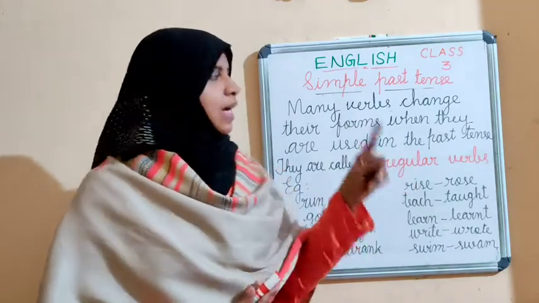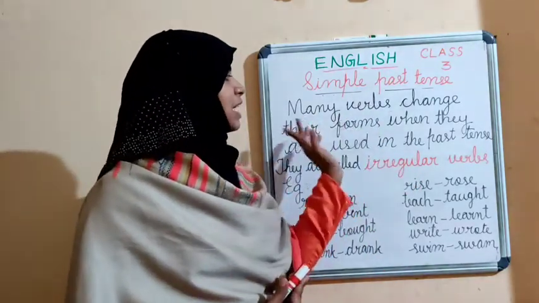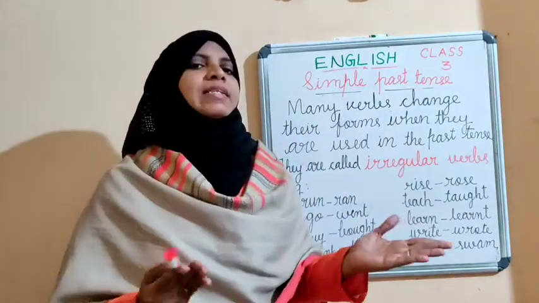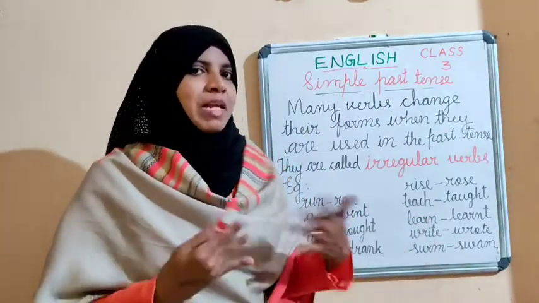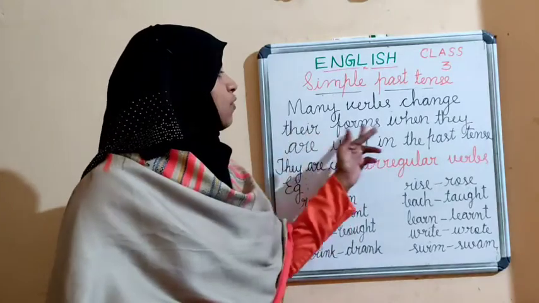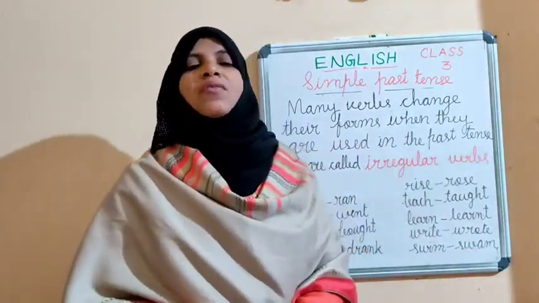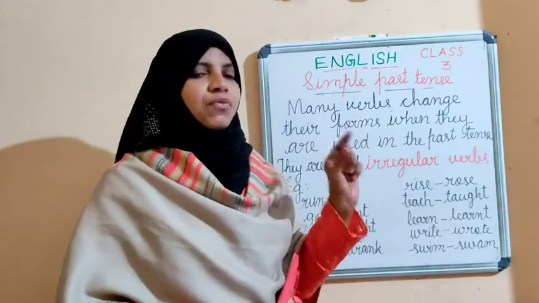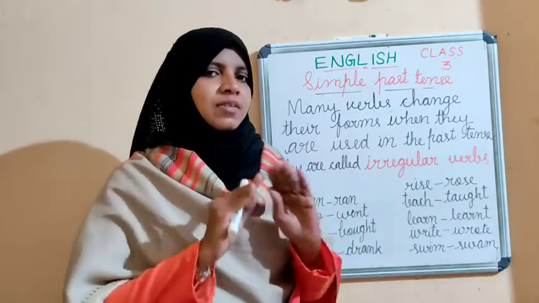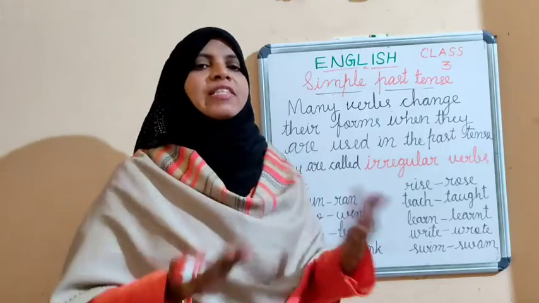Regular verbs. And here many verbs change their forms. Totally they change. Spellings are changed. Their forms change when they are used in the past tense. When we use any verb in the past tense, the spelling will totally change.